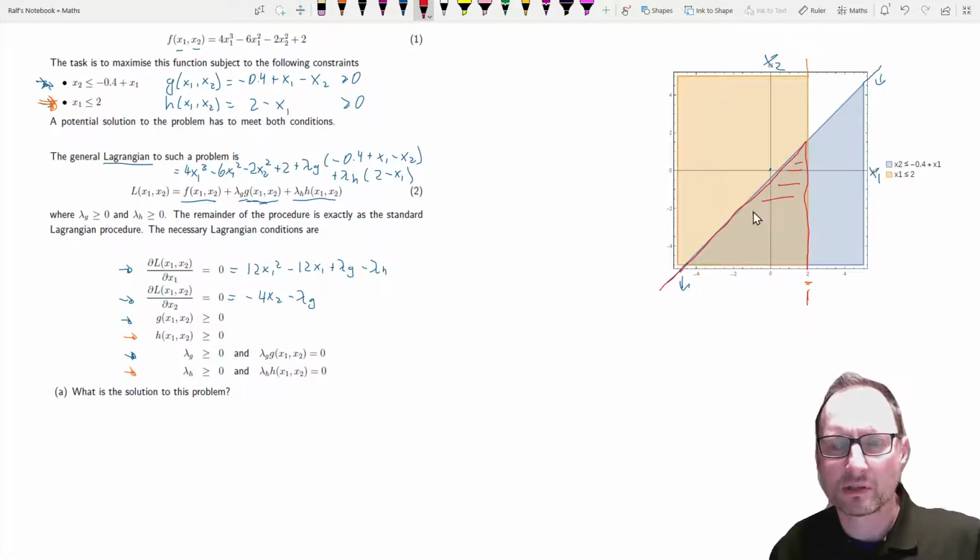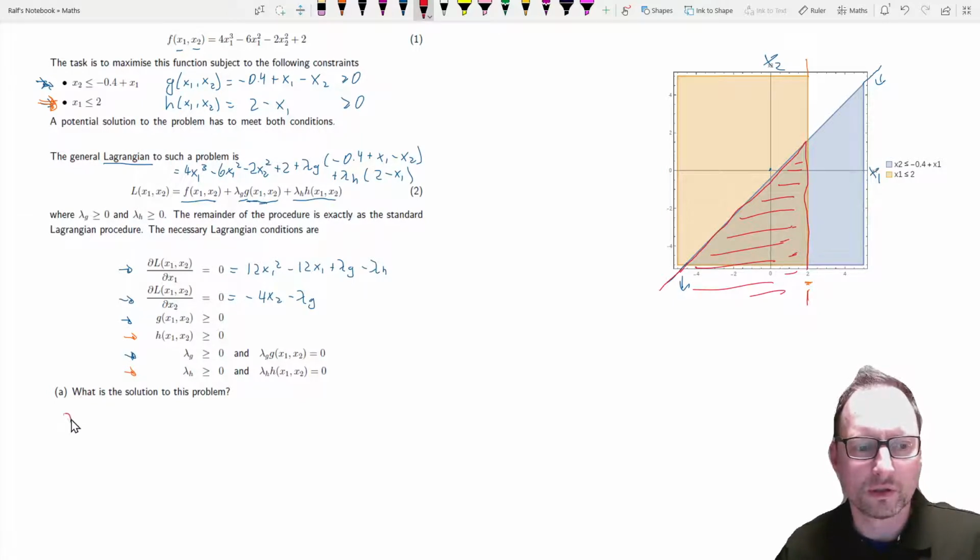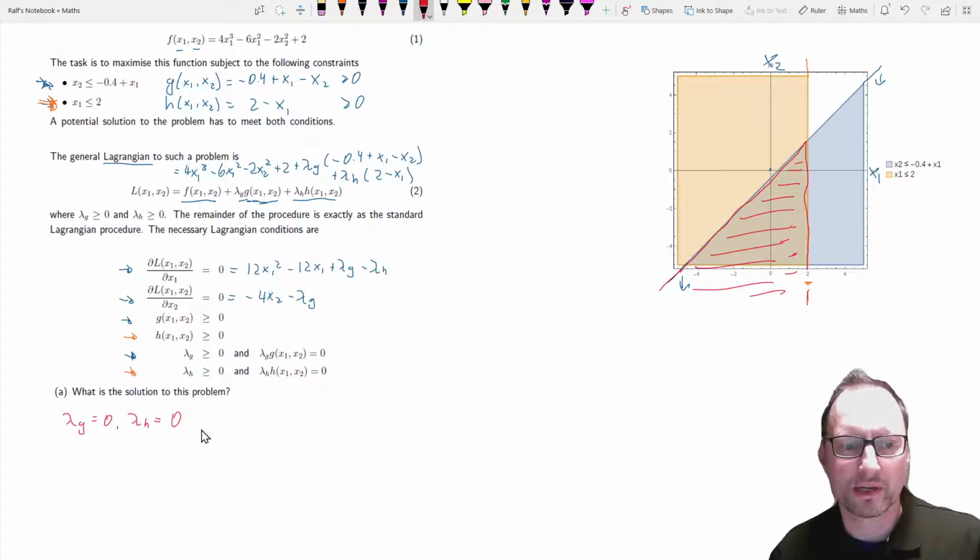That is sort of the area in here, between the two constraints. And in here, we will have to assume that lambda g is equal to 0 and lambda h is equal to 0. So that will be our unconstrained area.